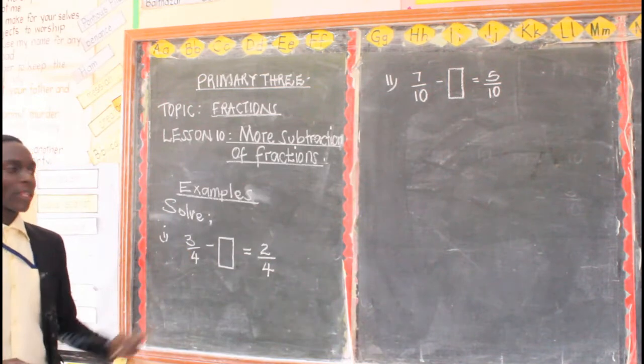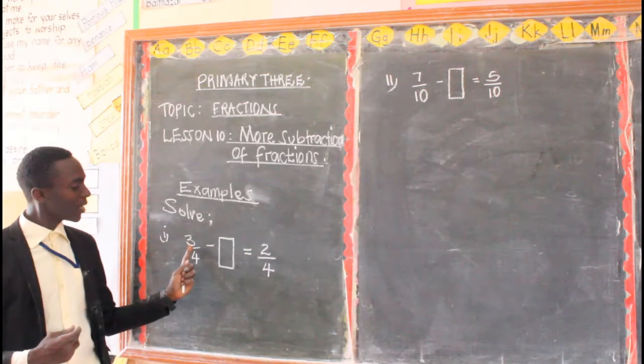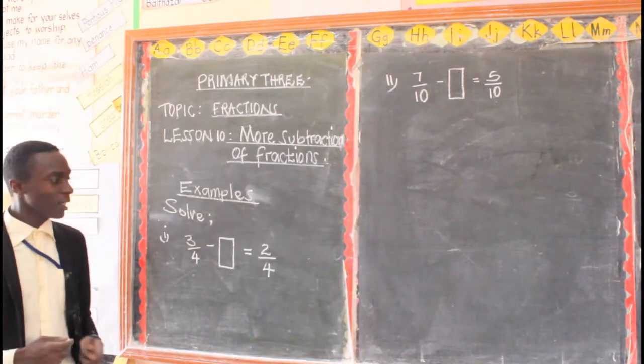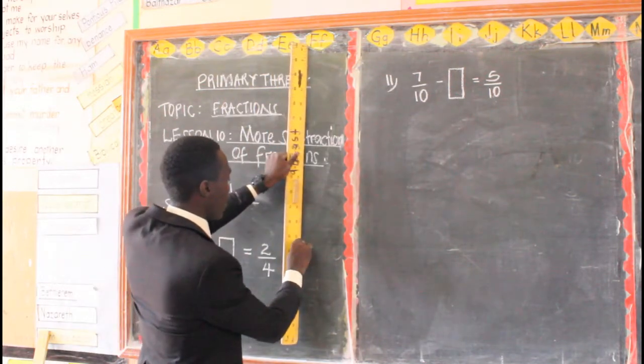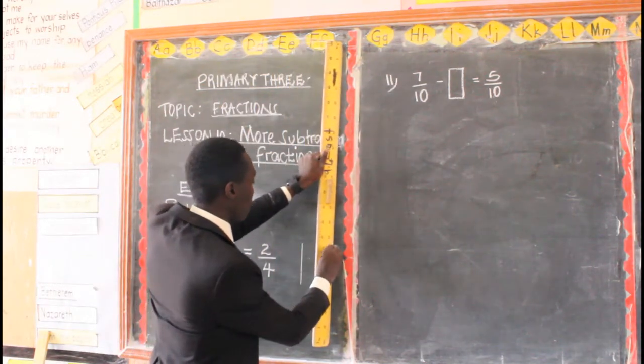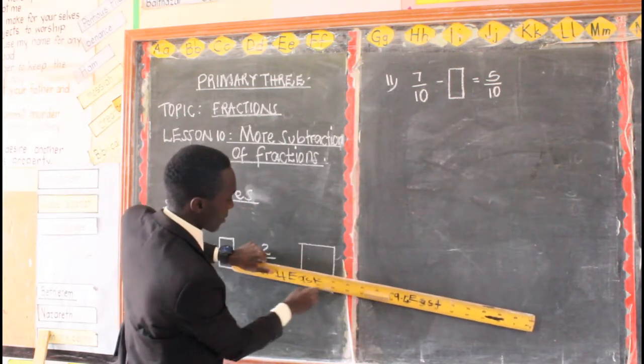3 out of 4. We looked at area. Can we shade 3 parts out of 4? If you come across a number saying 3 out of 4, remember it means 3 parts.